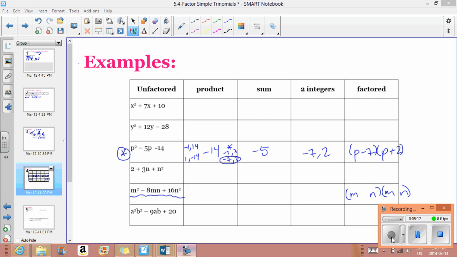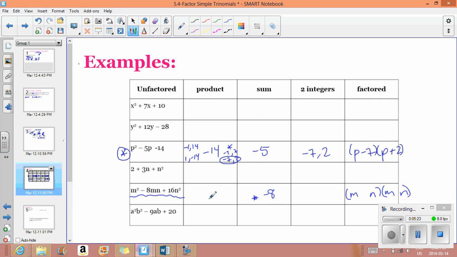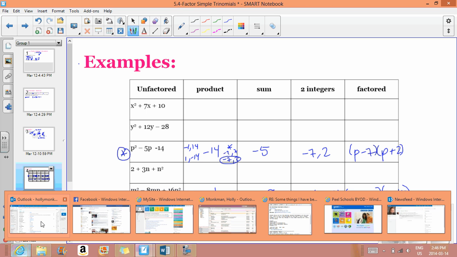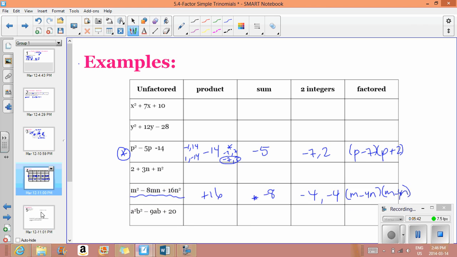This is one of those situations where we can multiply two negative numbers: negative 4 times negative 4, and we can also add those, and we would have what we're looking for. So it's m minus 4n in one bracket and m minus 4n in the other. Try a couple of the other ones and you will be able to see those.